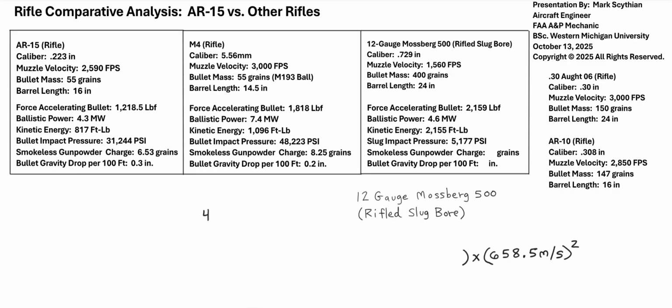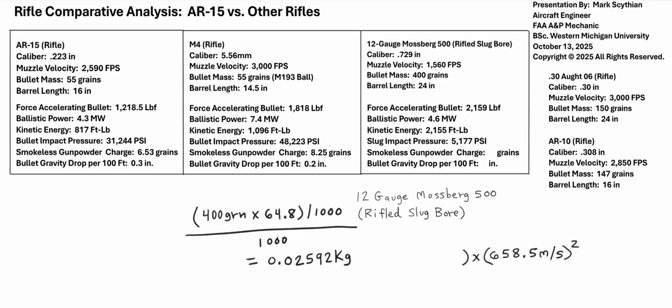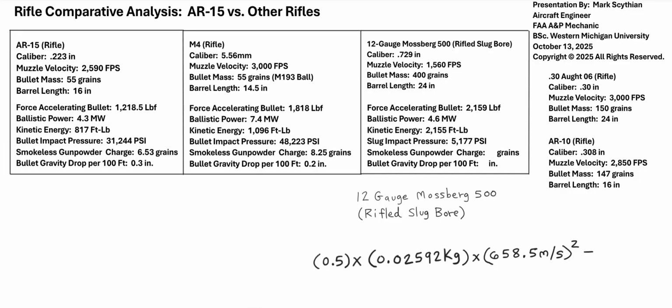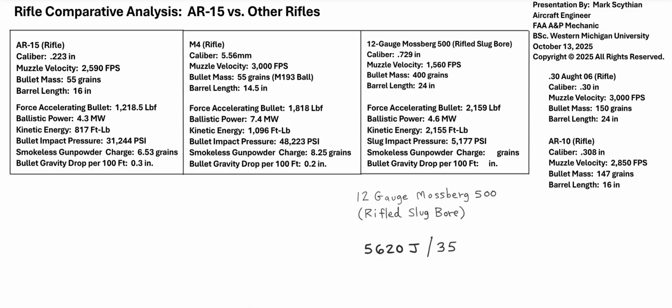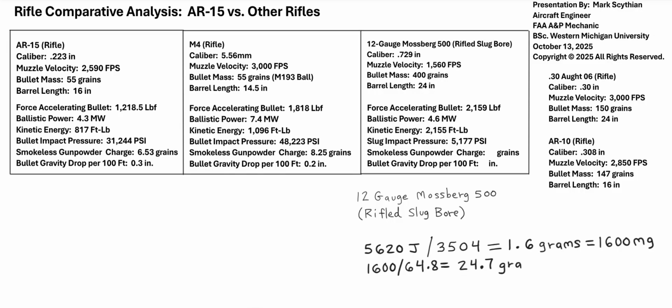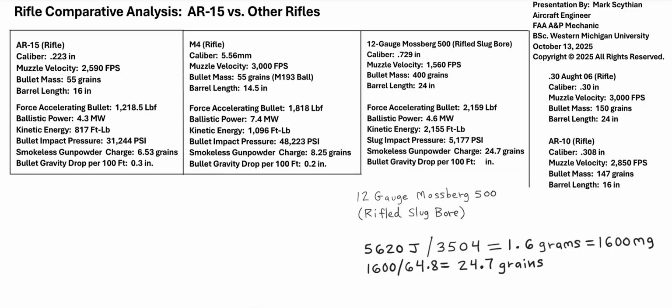So let's quantify that into 24.7 grains per shell on the 12 gauge Mossberg 500.